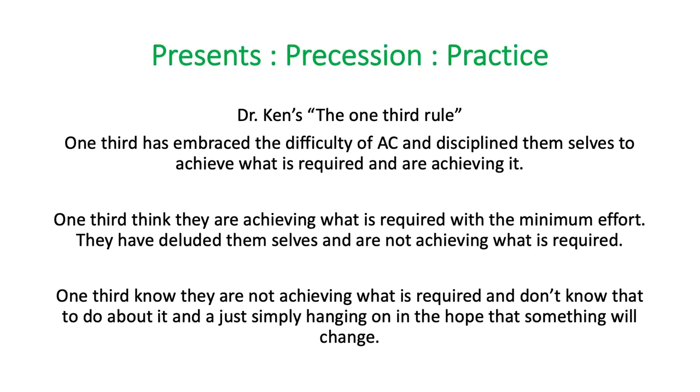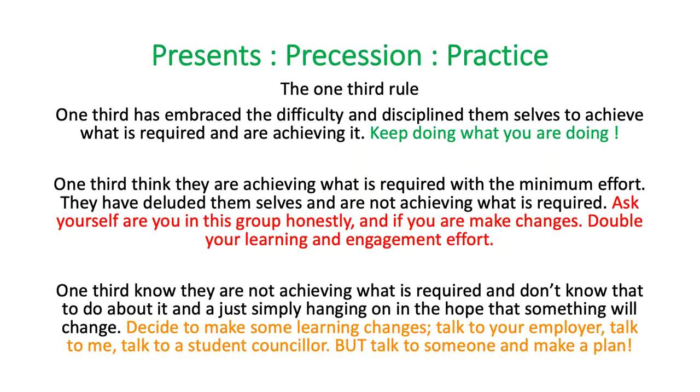So what can we do about that? Here's what we can do. The first group, keep doing what you're doing. Whatever it is that you're doing that helps you learn and embrace the challenge of AC, keep doing it. The second group, ask yourself, are you in this group honestly? And if you are, make some changes. If you can honestly ask and answer that question, you're halfway there.